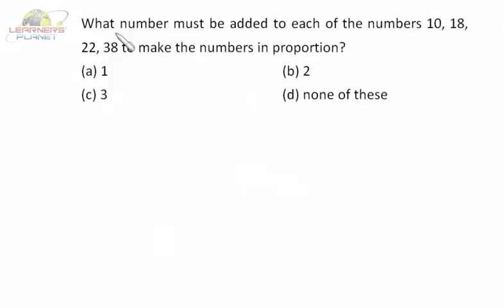Now we see this problem. What number must be added to each of the numbers 10, 18, 22 and 38 to make the numbers in proportion? That means we have to add a number to all of them, so that whatever the ratio 10 and 18, that is 10 plus x and 18 plus x is maintaining, the same ratio should be maintained by 22 plus x and 38 plus x.